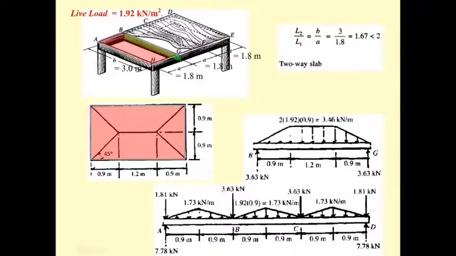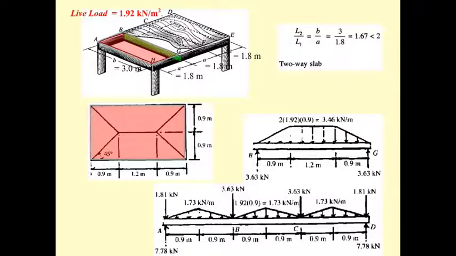How do we check it? You have to check the ratio L2 over L1. L2 is the distance between the big beams, or between the girders, or the main beams. And L1 is the distance between the small beams, or the joists. If it's less than 2, the load distribution is going to be two-way action.